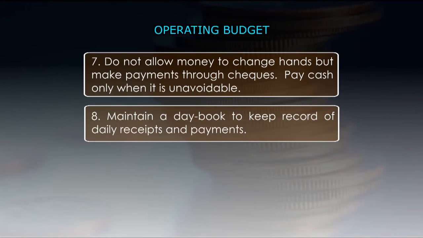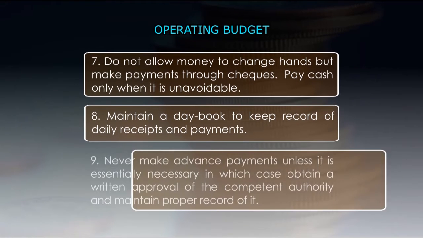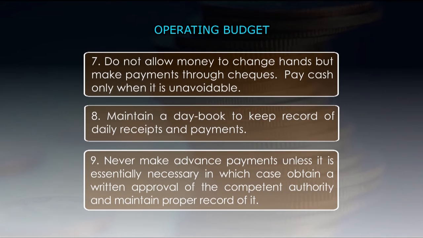Number 8, maintain a day book to keep record of daily receipts and payments. Number 9, never make advance payments unless it is essentially necessary, in which case obtain a written approval of the competent authority and maintain proper record of it.